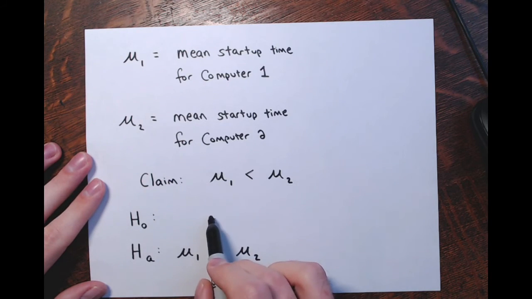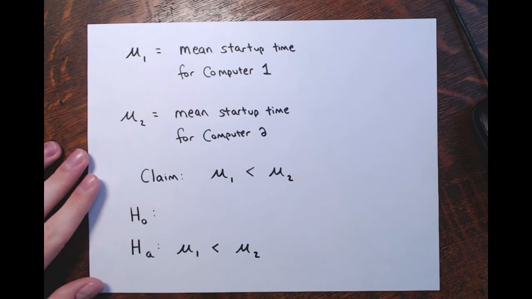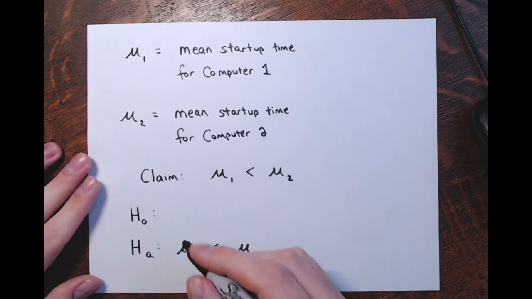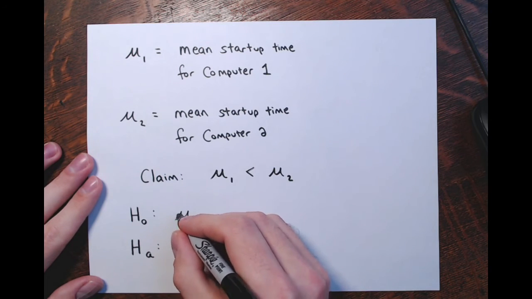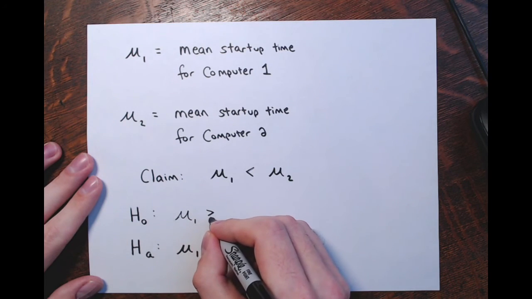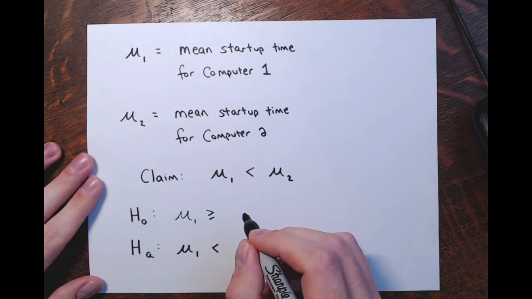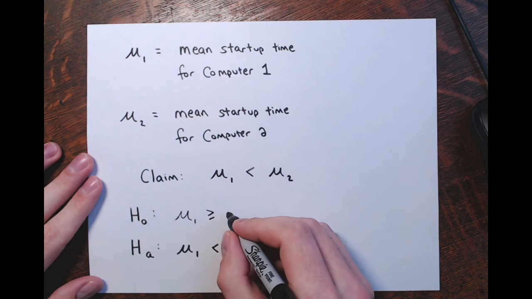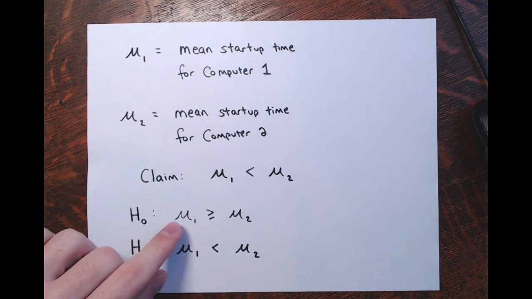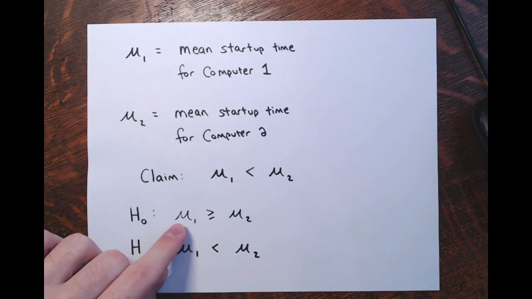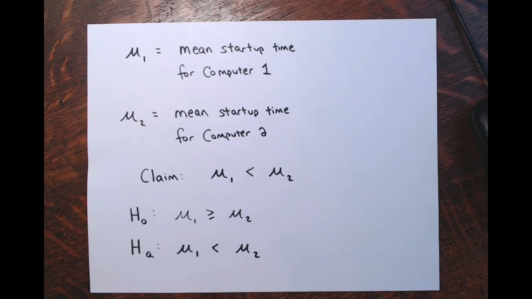Then remember, the null hypothesis and alternative hypothesis should be opposing statements. The opposite of is less than is greater than or equal to. So the null hypothesis is that the mean startup time of all the computer 1 models is greater than or equal to the mean startup time of all the computer 2 models.